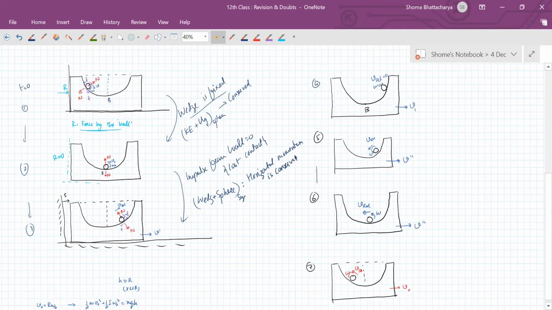And of course, kinetic energy plus gravitational potential energy is conserved. But by kinetic energy, we now mean the kinetic energy for the wedge plus the sphere. So this is all for the wedge plus sphere as a system.